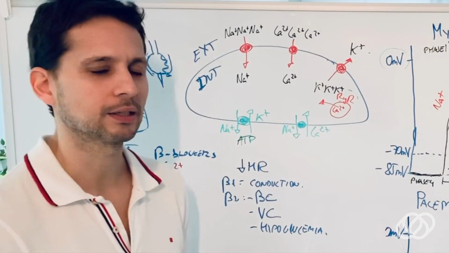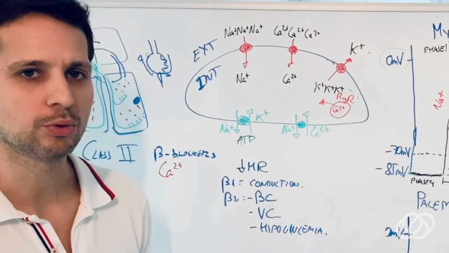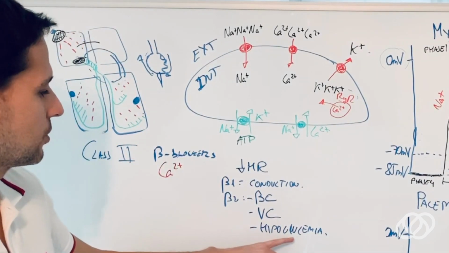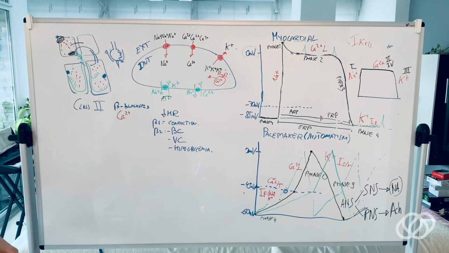Because there's a brake on the gluconeogenesis of the liver, they can induce hypoglycemia. So those are the main side effects that we can find with beta blockers.